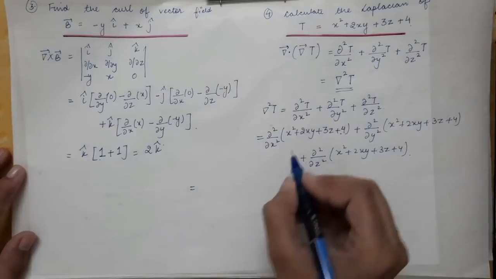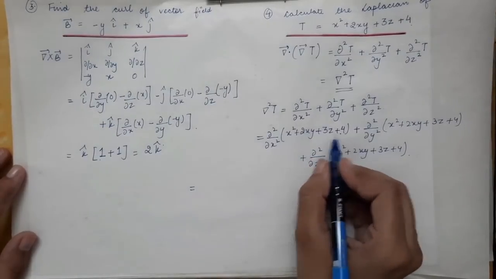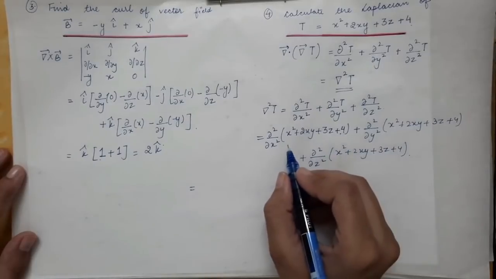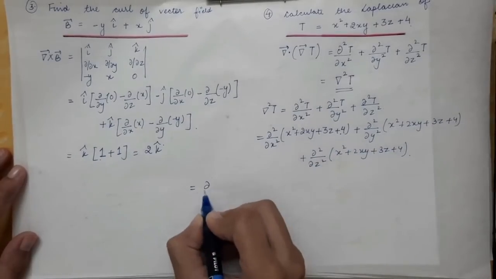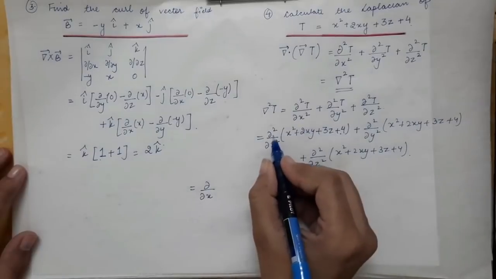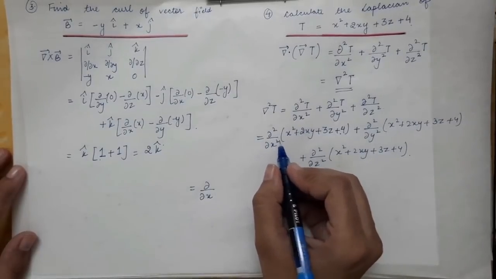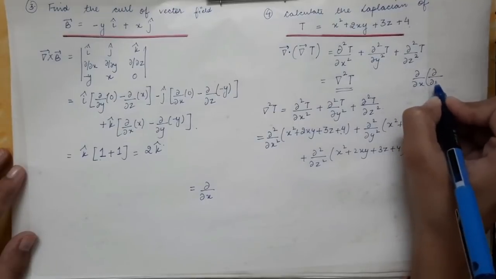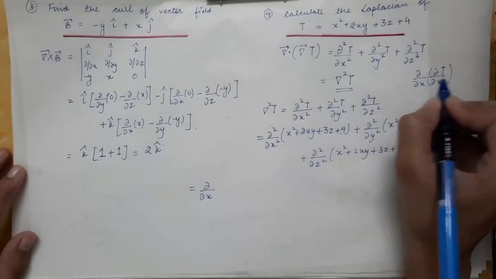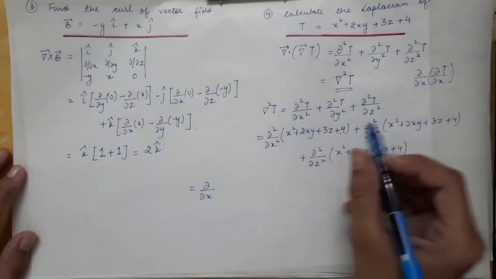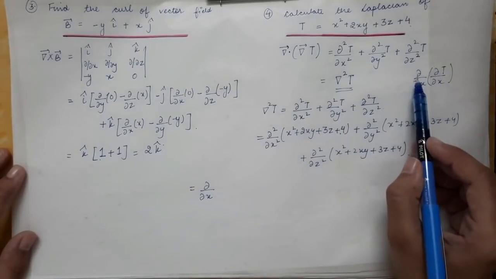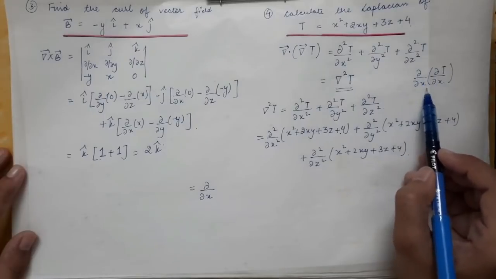So first of all, when you do the first order derivative of this expression with respect to x, del square by del x square can be written as del by del x of del by del x. So del square T by del x square can be written as del T by del x, and then we again have to do the partial derivative with respect to x.